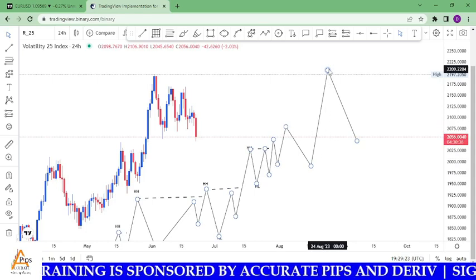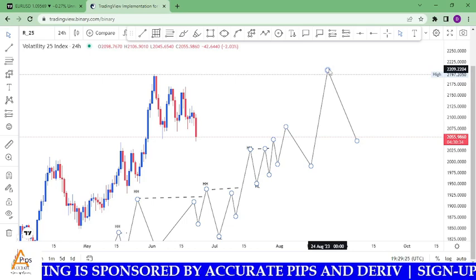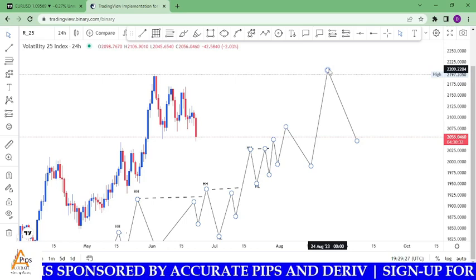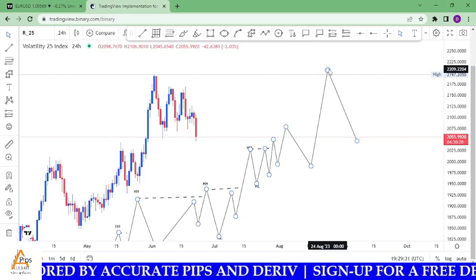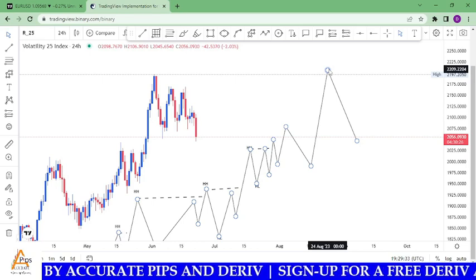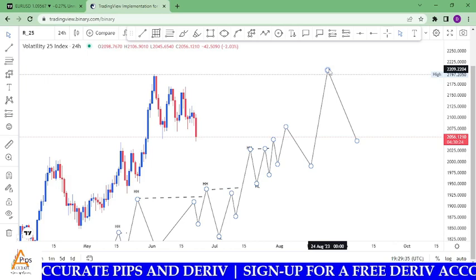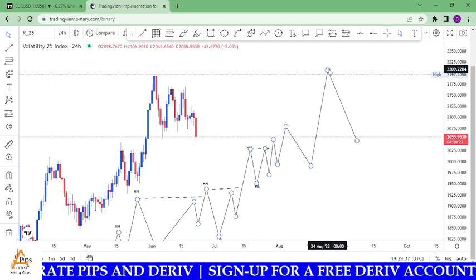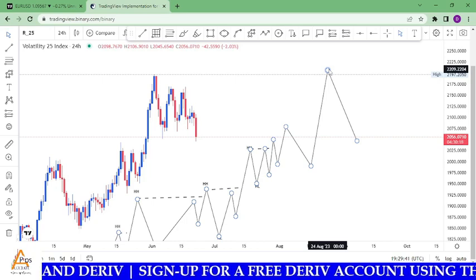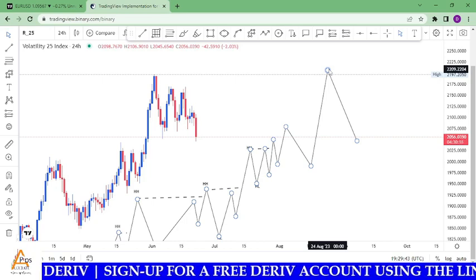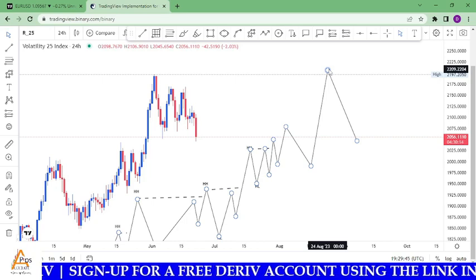When this is happening, we say the market is trending upwards, characterized by the formation of higher highs and higher lows. The higher lows are created from the retracement that occurs after every break in market structure.